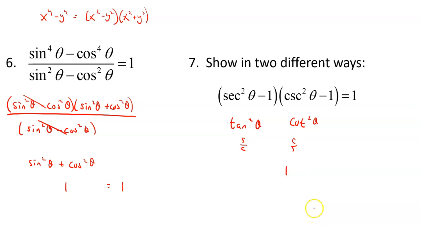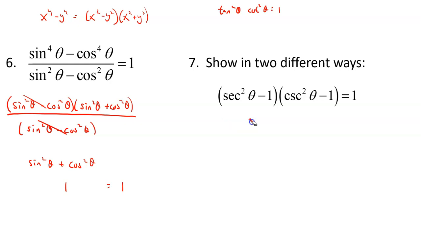The other way to do this is perhaps a little bit more involved. You could multiply the whole thing out and then work with identities, right? So I'm going to erase what I have here because that was one of the ways to do it, right? Just turn them into tan squared and cotan squared, and I'll make a note up here. Tan squared theta times cotan squared theta is 1. All right, what's another way to do it?